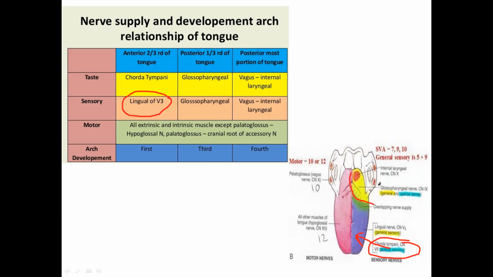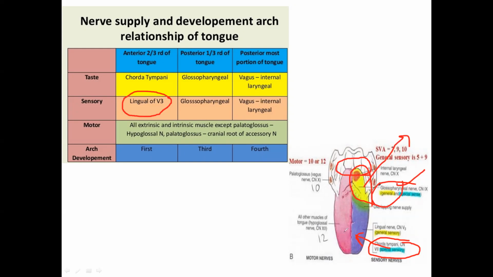For the posterior 1/3, the taste fibers come from the glossopharyngeal nerve, and the sensory fibers are again from the glossopharyngeal nerve. The most posterior part of the tongue, formed from the 4th pharyngeal arch, is supplied for both taste and sensation by the vagus nerve.